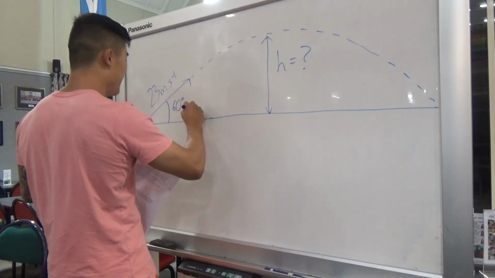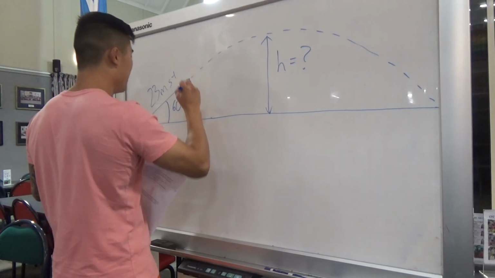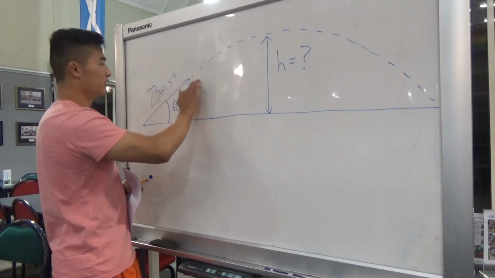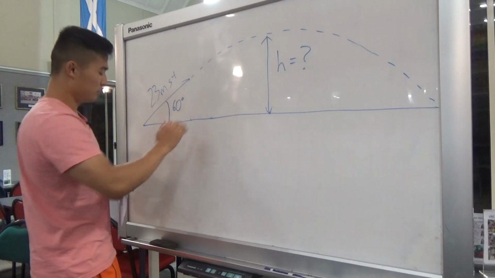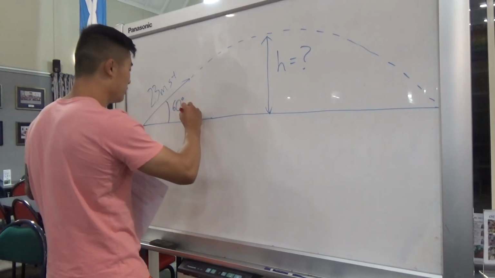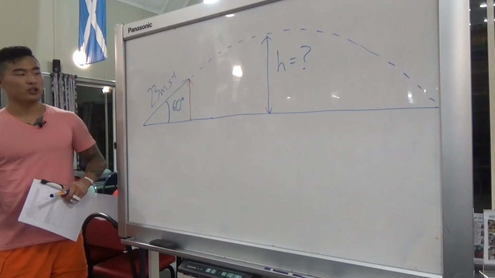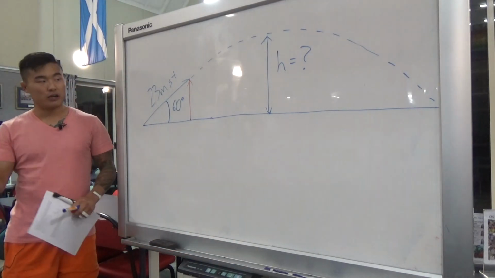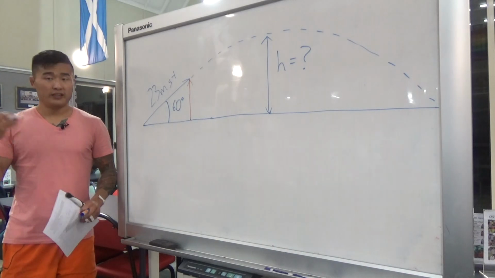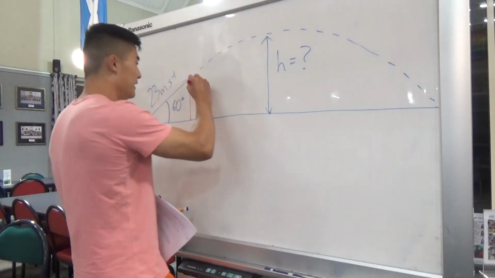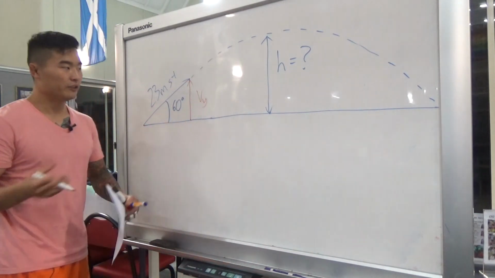So to do that, we just turn this into a right angle triangle. Sorry, I'll just do that in a different color. So this is going to be the vertical component of the velocity of the cannonball. We'll call this v subscript y, for the y-axis.